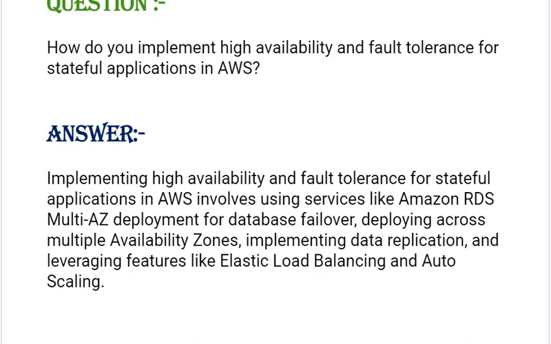Your answer should be: implementing high availability and fault tolerance for stateful applications in AWS involves using services like Amazon RDS Multi-AZ deployment for database failover, deploying across multiple availability zones, implementing data replication, and leveraging features like elastic load balancing and auto scaling.